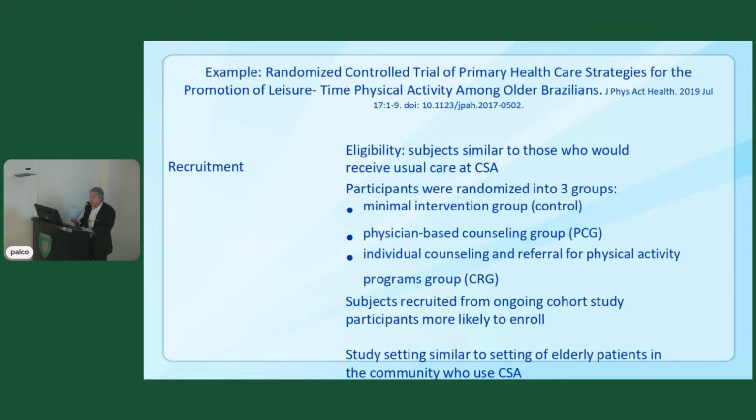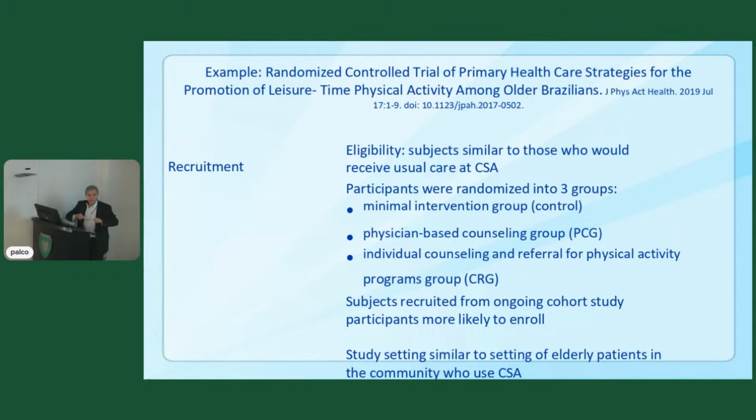Study setting similar to setting of elderly patient in the community who use the Center for Study on Aging that used to be here. Still is theoretically, but it's very diminished because it was a center created for existing cohorts. So the setting is not a clinic, perfectly controlled environment. It's really a primary care clinic for older people who come voluntarily.